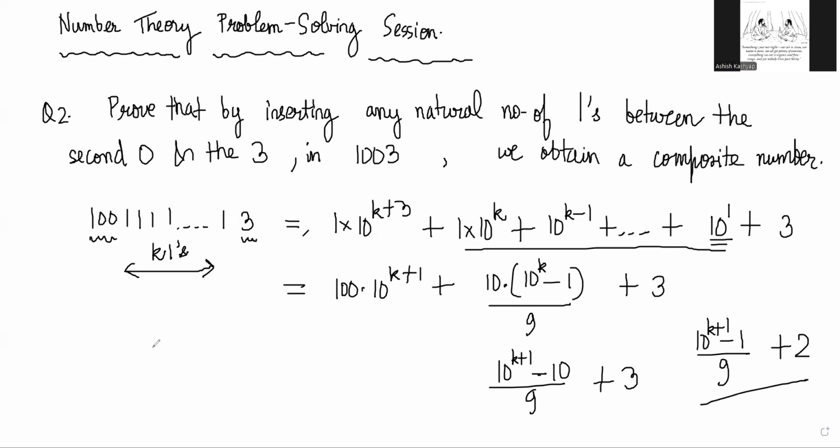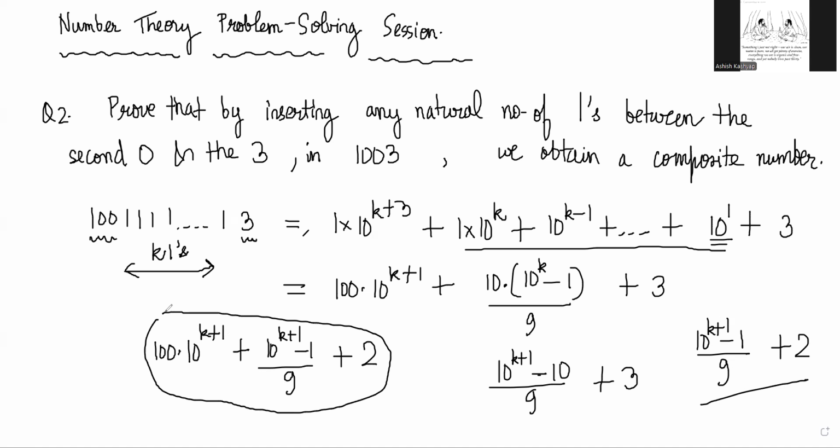So we are getting 100 into 10 power k plus 1 plus 10 power k plus 1 minus 1 by 9 plus 2. Correct? Yes, sir.